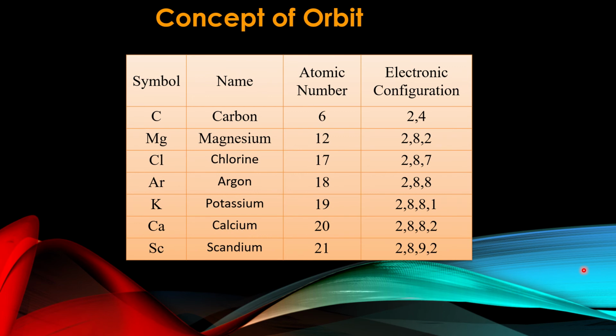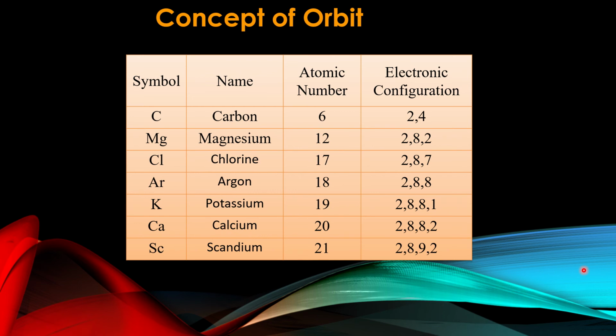That means 2 electrons in the first shell and the remaining 4 electrons will go to the second shell. Magnesium: in the first orbit there are 2 electrons, in the second orbit it can hold 8 electrons, and the remaining 2 electrons will go to the third orbit: 2, 8, 2.